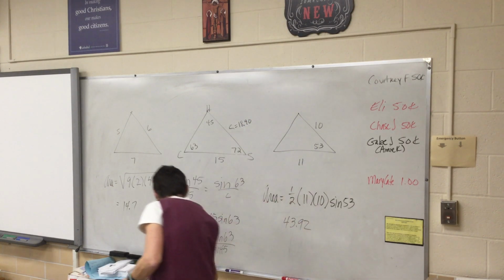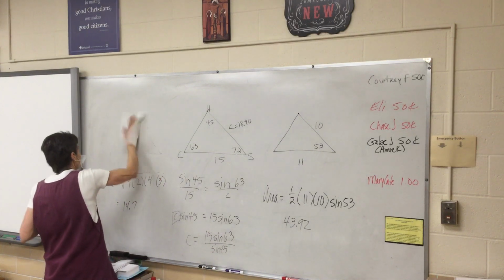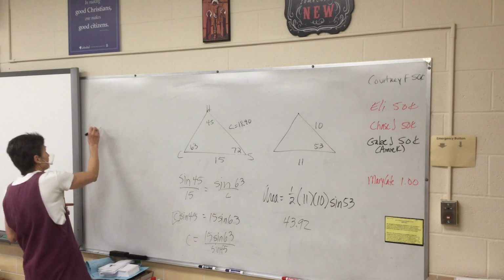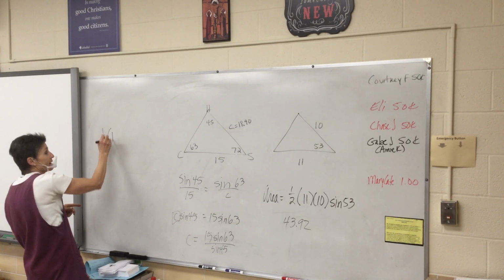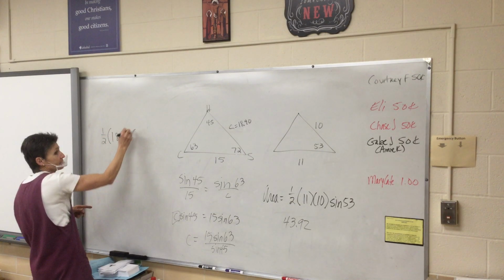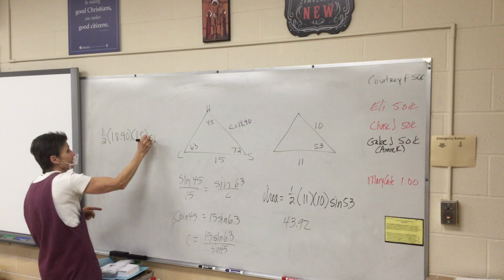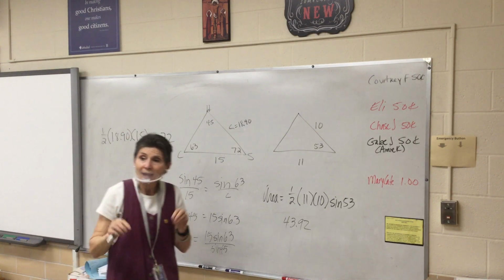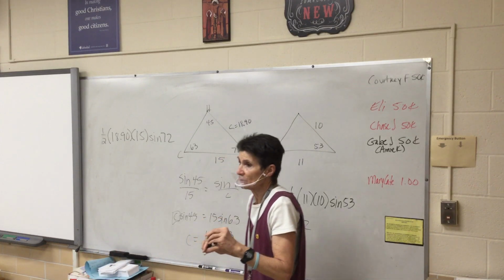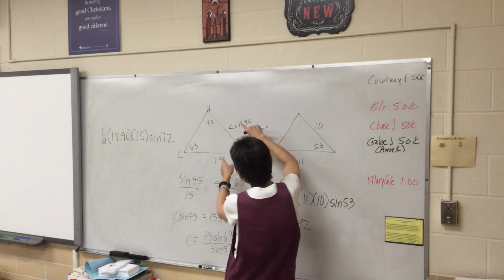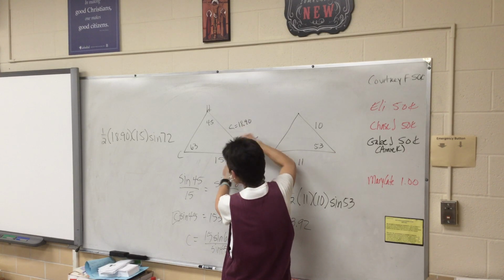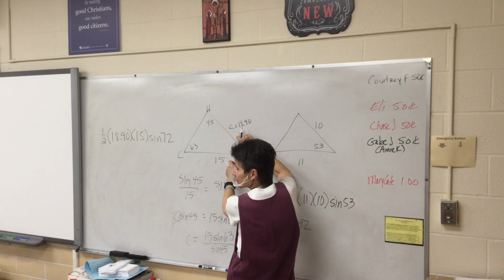So my area will be 1/2 times 18.9 times 15 times sine 72. You do not get a choice on the angle. If you are using these two sides, then you have to use the angle in between them.